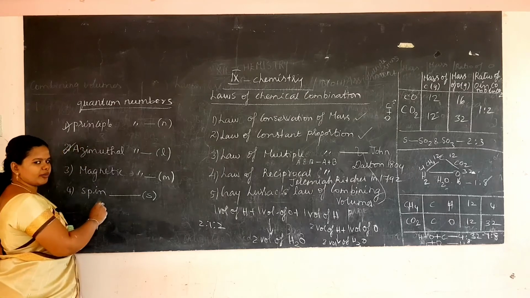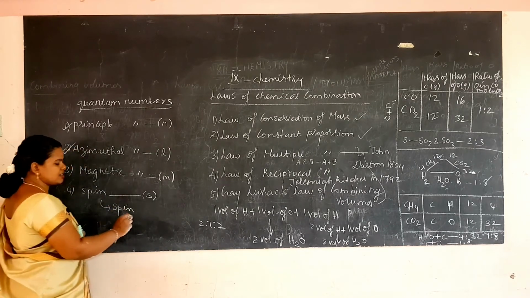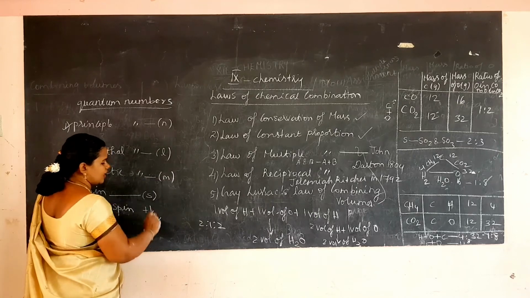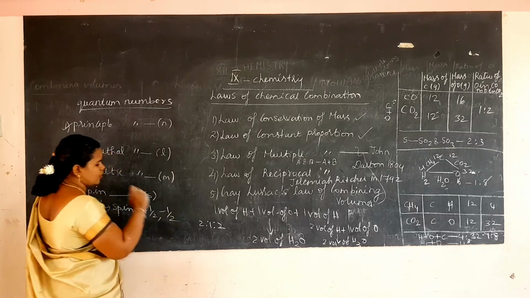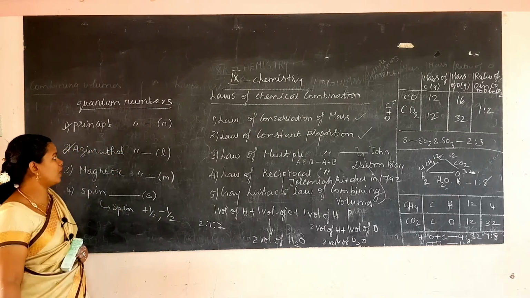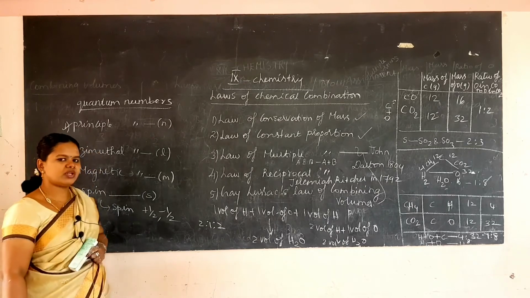Then the spin quantum number is used to describe the spin of the electron. When it is clockwise, it is plus half, and when the electron revolves in anti-clockwise direction, it is minus half. So these are the different kinds of quantum number: principal, azimuthal, magnetic and spin quantum number.